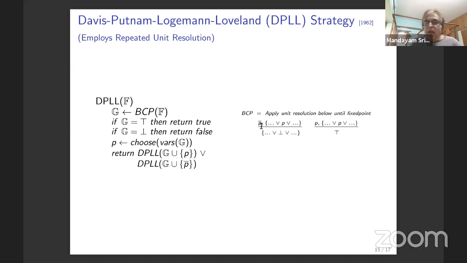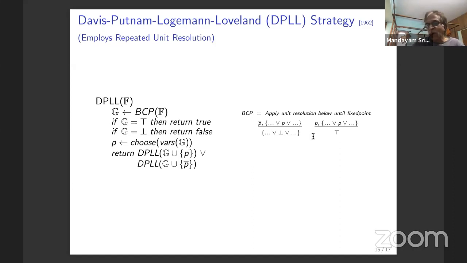So you pick a unit clause to first resolve on. But unit resolution also has this principle: if P is true, and there's a unit clause in your formula, and there's another clause which contains P in the same polarity, then you can immediately reduce that clause to true as well.